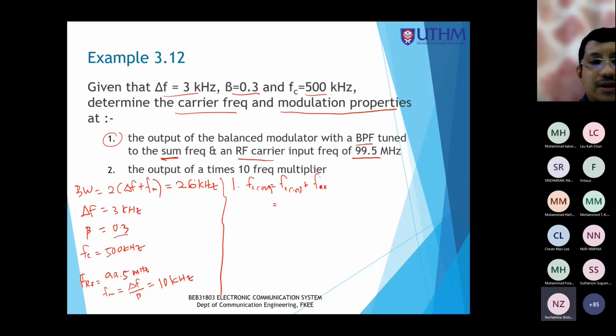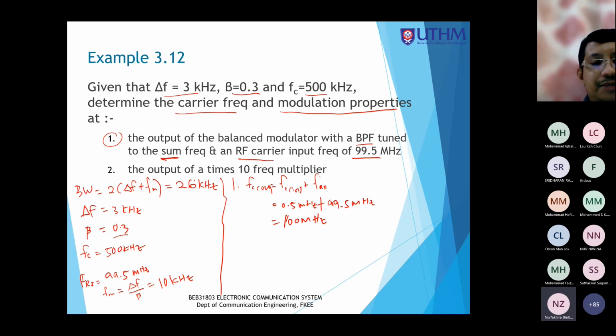So 500 kilohertz is actually 0.5 megahertz, plus 99.5 megahertz. So this is actually equal to 100 megahertz.